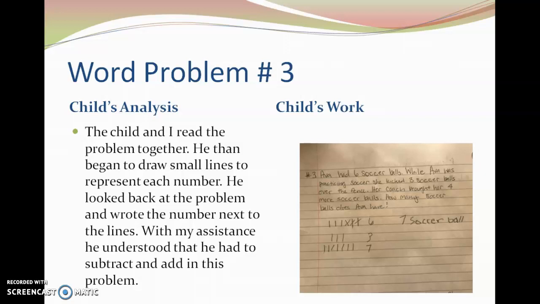And then down below, he drew a total of 7 because he understood that from those soccer balls that were taken, 4 more were brought back. And he added the 3 plus 4, which gave him 7, as you can see that he wrote here.